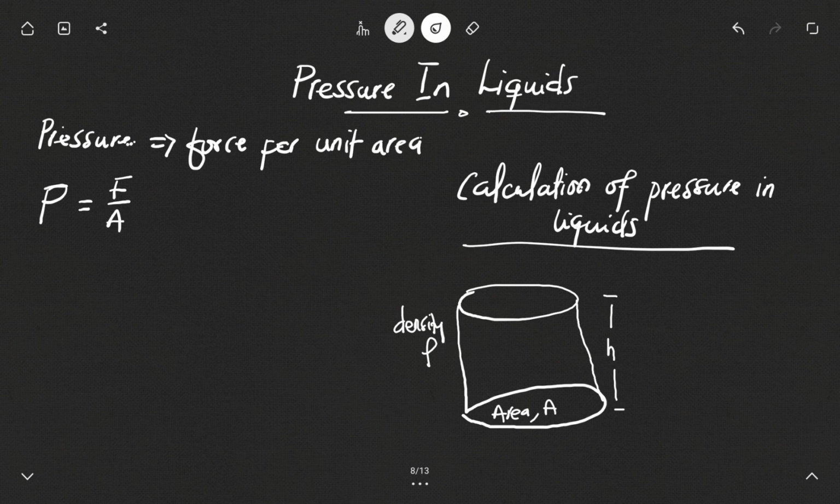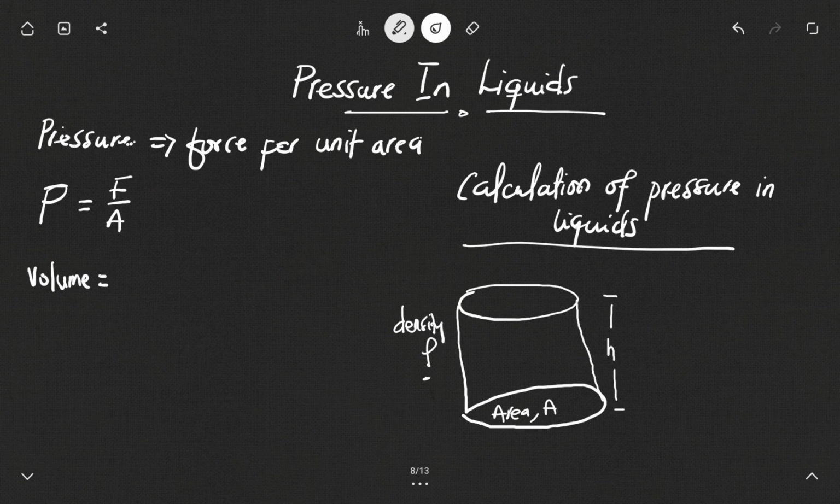So we are to consider a liquid of density rho, contained in a vessel with a cross-sectional area A. The area is in meters squared, and the depth h in meters. All right, so let's look at some parameters. Let's look at the volume of the liquid.